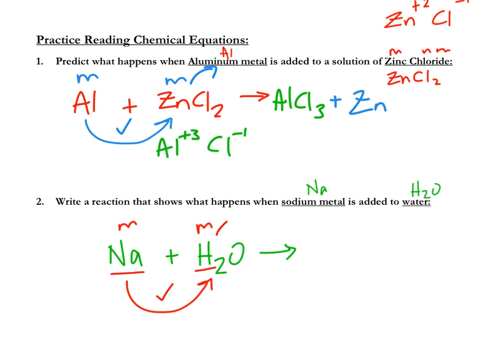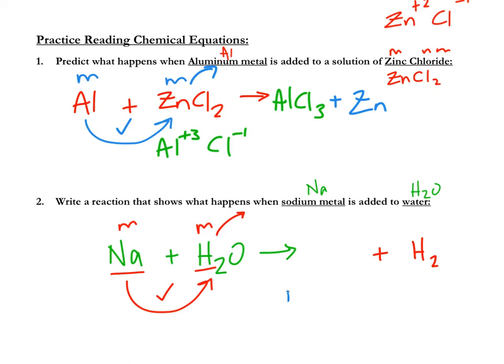Okay, so that means that hydrogen is going to get kicked out, and it's going to be all by itself. Remember that hydrogen is one of those diatomic elements, so I need to add a subscript of 2 when it's by itself. Okay, so sodium and oxygen. I need to figure out what will form between sodium and oxygen.